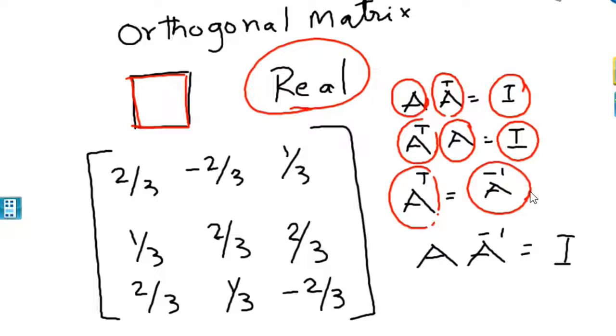Look at this matrix. When you multiply transpose of this matrix with itself, what we get is an identity matrix 1 0 0, 0 1 0, 0 0 1. This is an example of an orthogonal matrix.